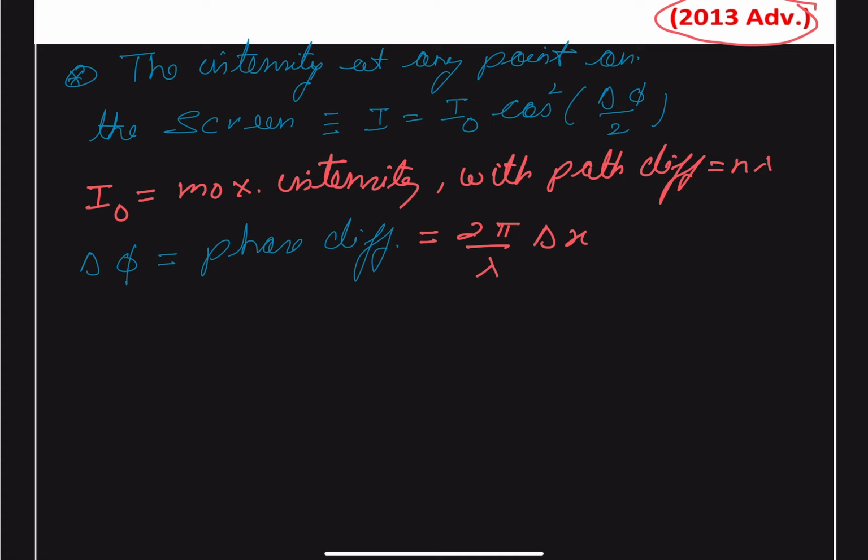Therefore the intensity I is I naught cos square of pi delta x upon lambda. Now we have to find the half peak intensity.